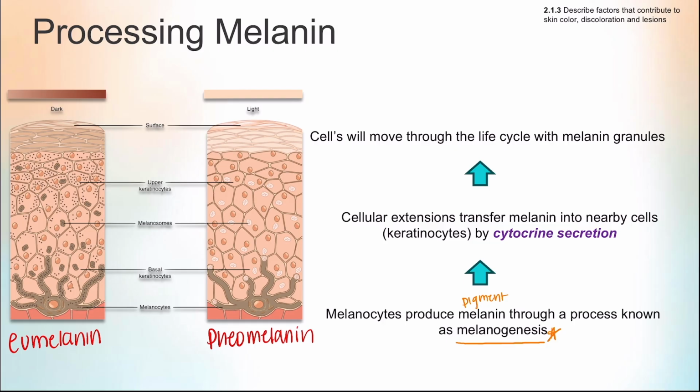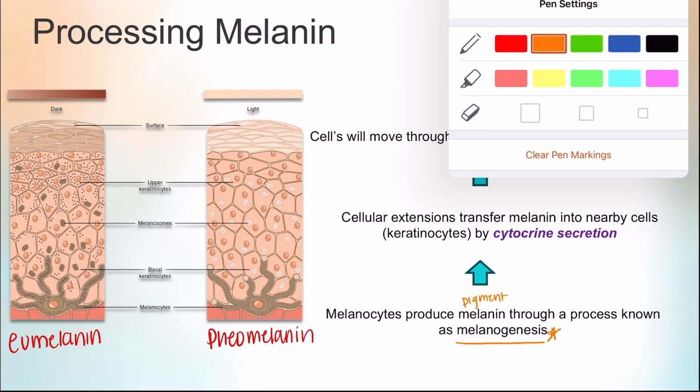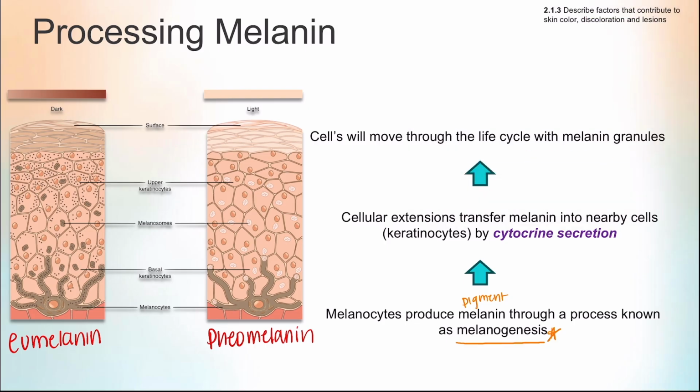So for our first process, what we're going to see is that once we've completed our melanogenesis, we are then going to transfer that pigmentation to the end of the dendritic cells. Now, what will happen is these little dendritic ends, and let me change my pen color here. So these little dendritic ends right here at the very end of the spider legs, these guys are actually going to reach into the keratinocytes that are around them.